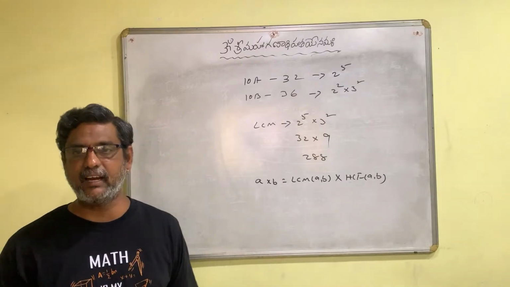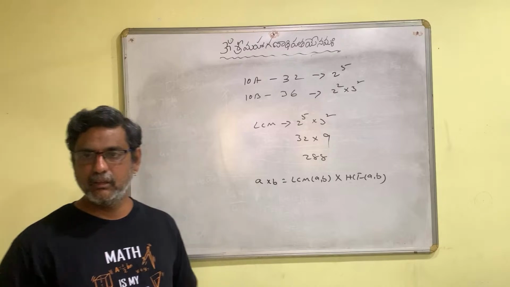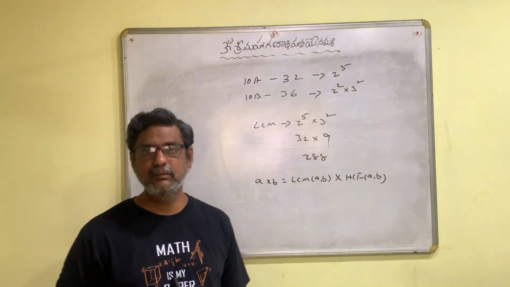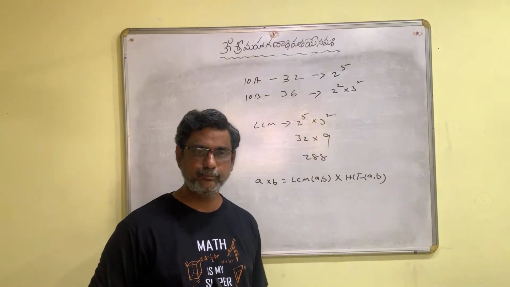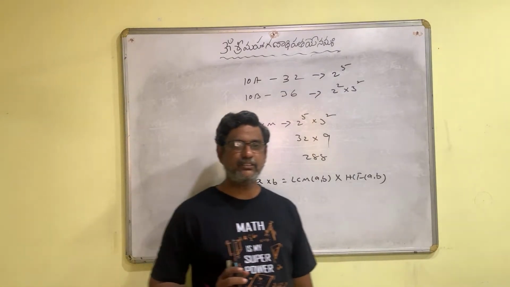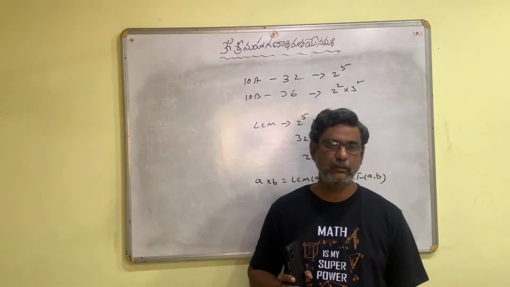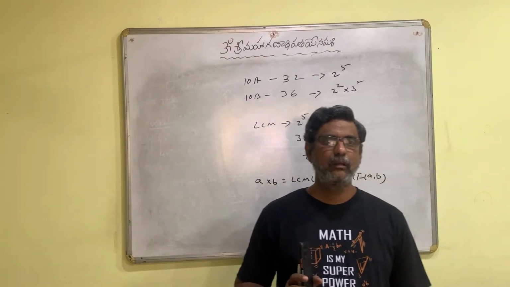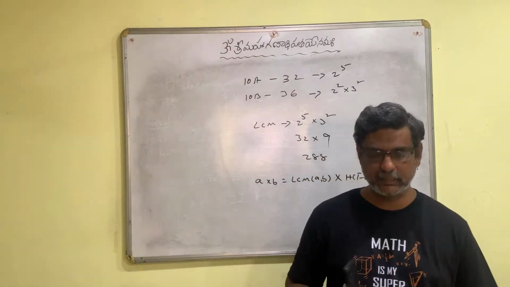This relation is there, na? So using this relation, you need to find out the HCF of 32 and 36, children.